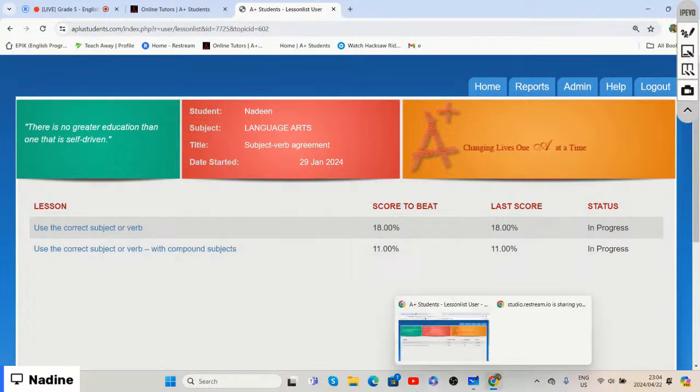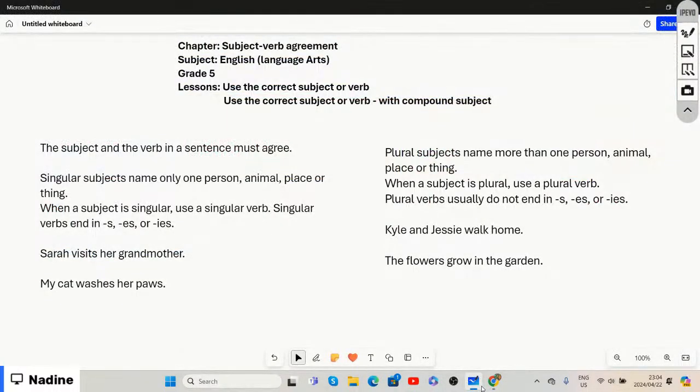All right. So our chapter is subject verb agreement. Our subject is English language arts. Grade 5.